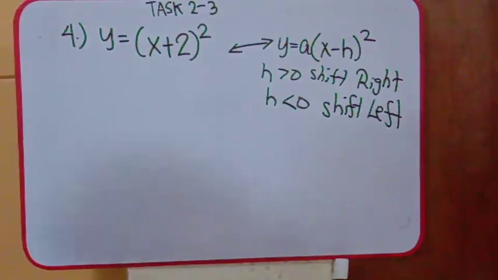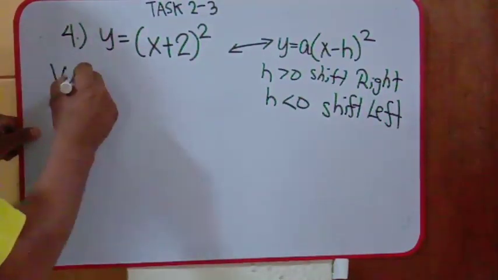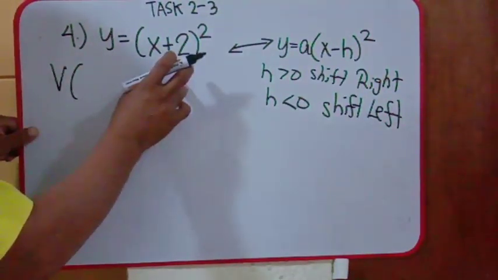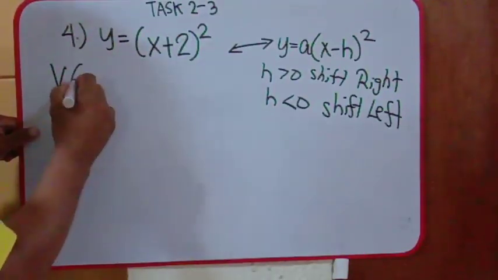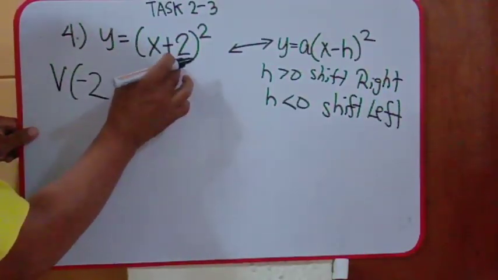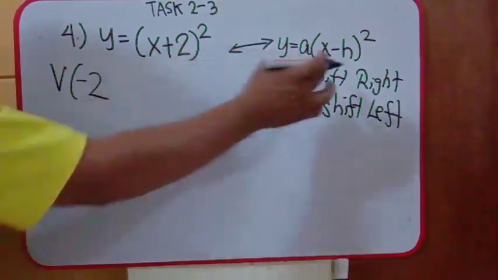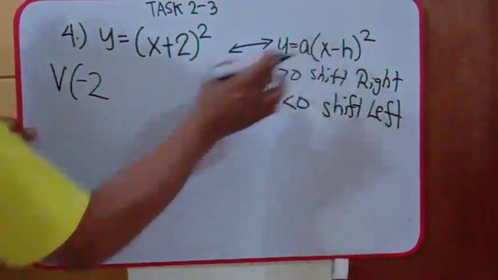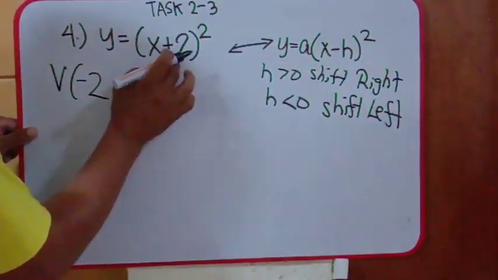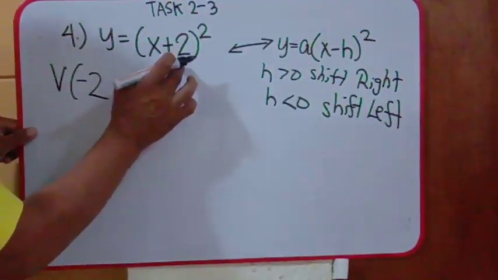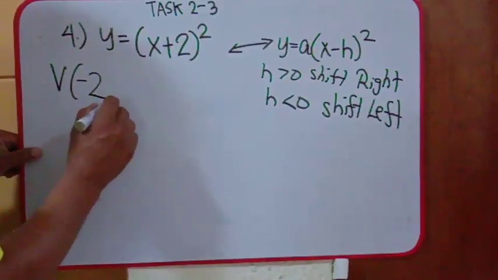So in this case, our vertex is negative 2. Bakit negative to? So this is, if h is 2, this is negative. It means, kung negative h yan, so positive, magpapalit lang ng sign, ang h natin ay negative 2.